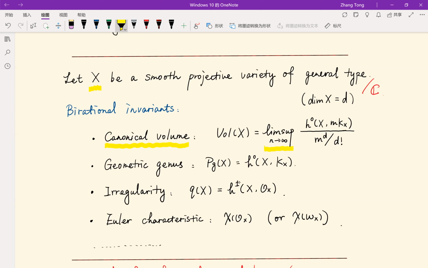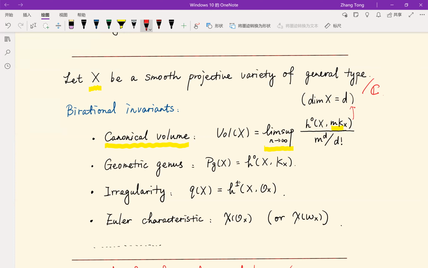The numerator is the mth plurigenus of the variety, h^0(mK_X), and the denominator is m to the power of d over d factorial, where d is the dimension. So this is the first invariant that we want to consider.